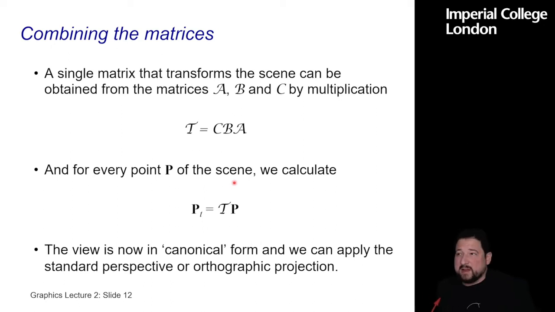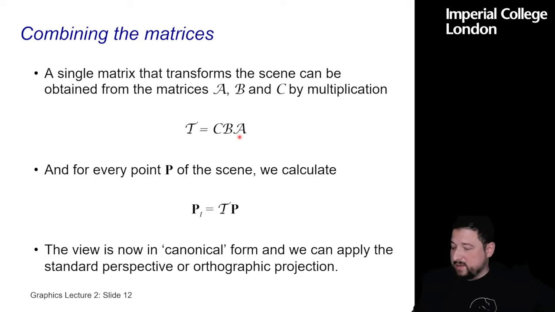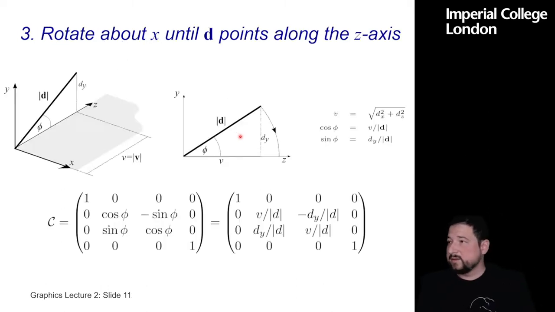So first I have my translation matrix, then I have my rotation matrix around one axis, and then a rotation matrix around another axis. Sorry, the other way around. This is just confusing with C. I'll show you again here.